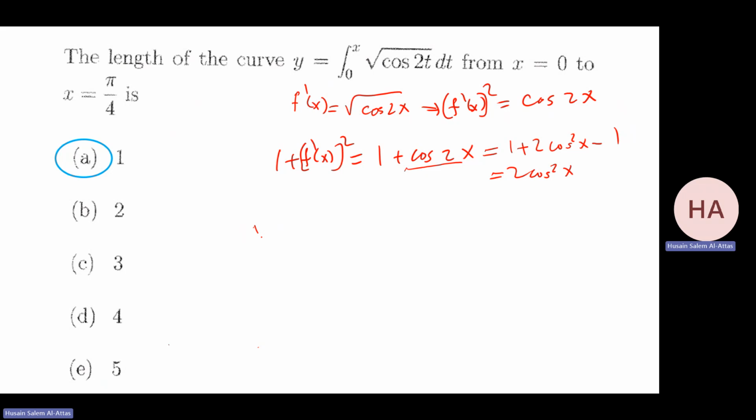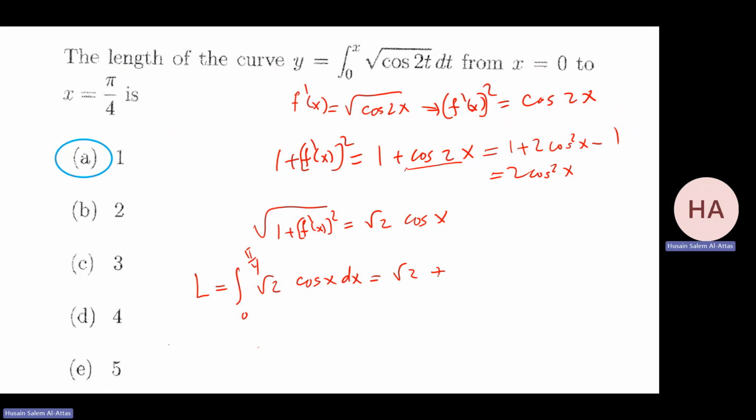So square root of 1 plus this is the square root of 2 cosine x. Okay, so L will be from 0 to pi over 4, square root of 2 cosine x dx.